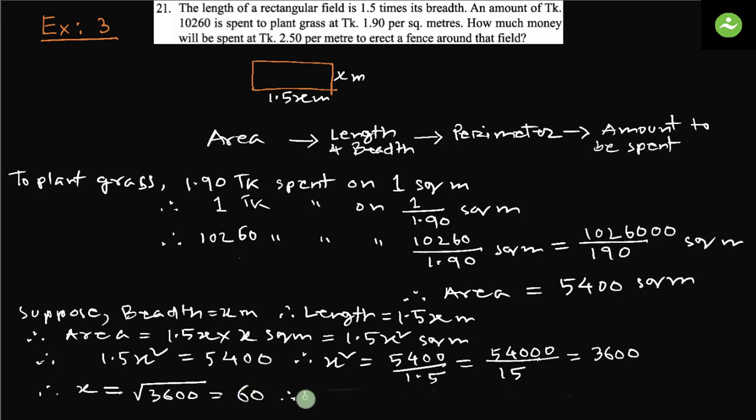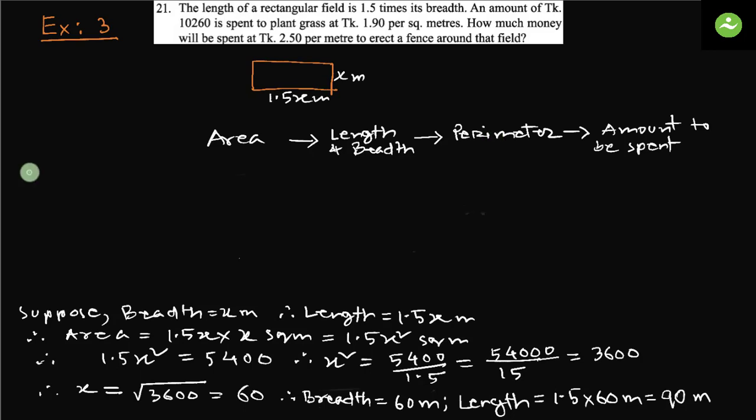Therefore breadth equals 60 meter and length equals 1.5 into 60 meter equals 90 meter. Now we found the length and breadth. Now can we find perimeter? Yes, but before that let us make some room.